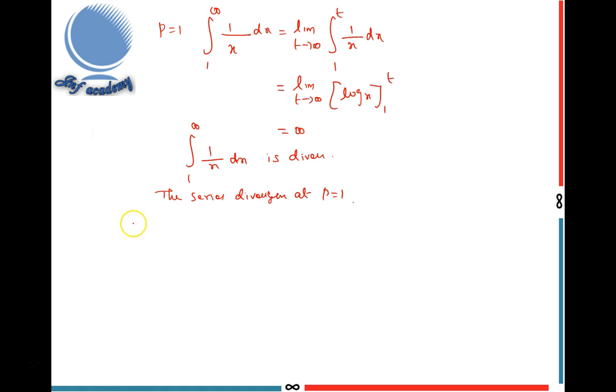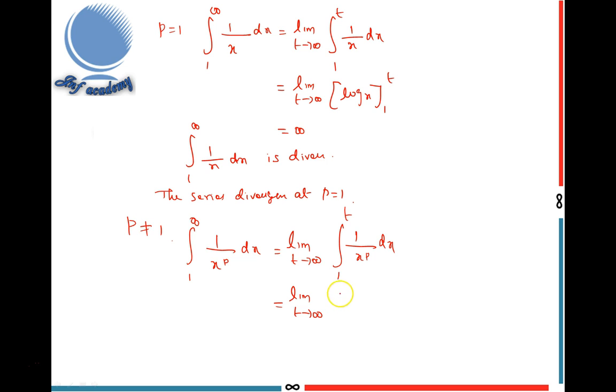So I assume p not equal to 1. Then the integral from 1 to infinity of 1 by x power p dx equals the limit as t tends to infinity of the integral from 1 to t of 1 by x power p dx. The integration of 1 by x power p is x power minus p plus 1 divided by minus p plus 1, from 1 to t.